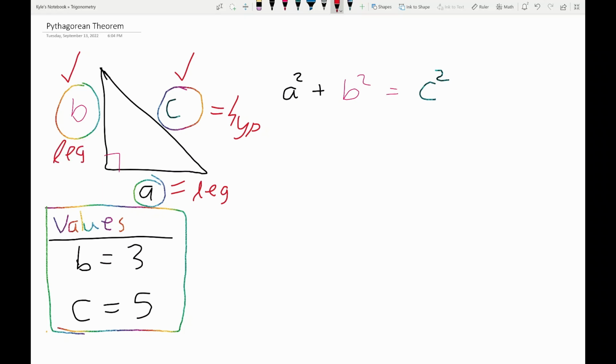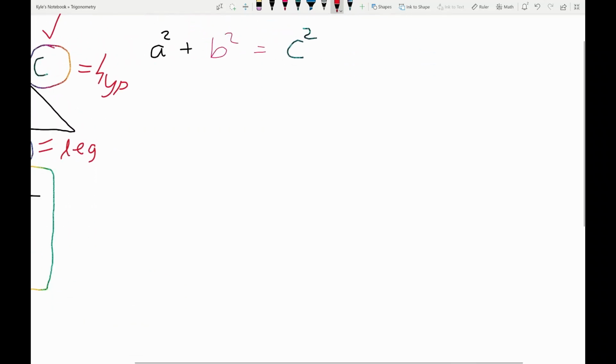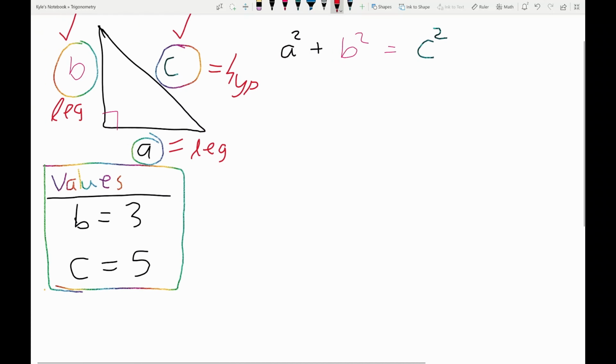So now that we know the values we have, I can make this a lot cleaner, and I can say this. We don't know what a squared is, but we do know what b squared is.